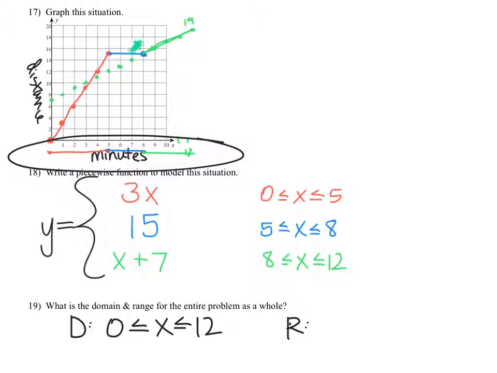Or you can think about squishing this over to the y-axis. Either way, our range is going from 0 to 19, so the range is going to be 0 less than or equal to y less than or equal to 19. Okay, so those are your domain and range there.